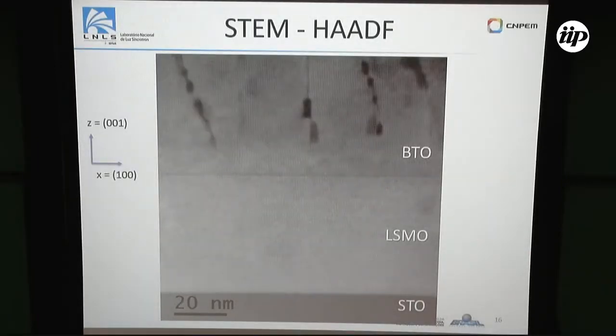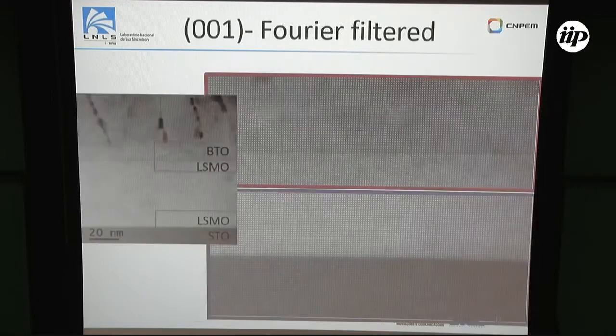So to understand better, we performed scanning transmission electron microscopy in an aberration-corrected microscope, where now we have the Z contrast. And to see the interface better, I have this image.